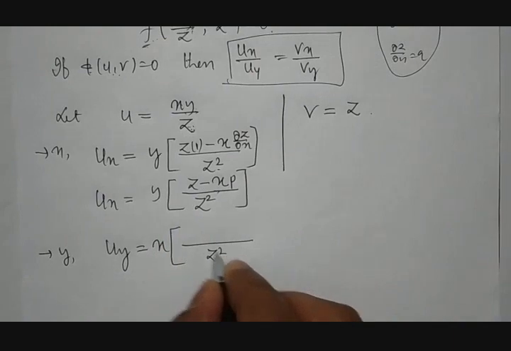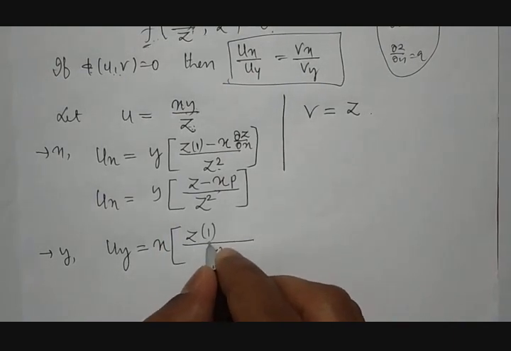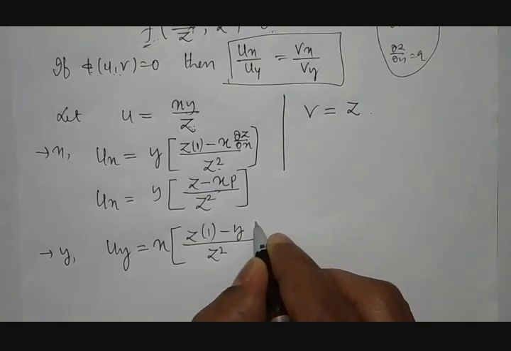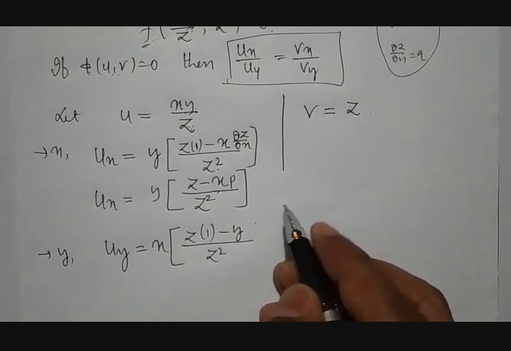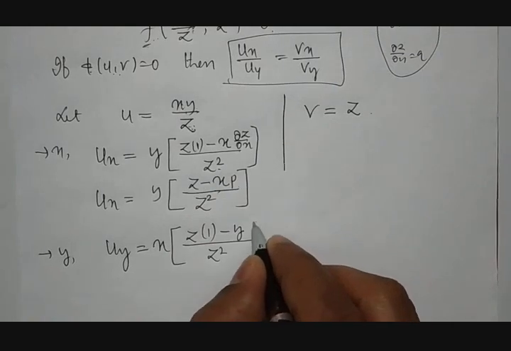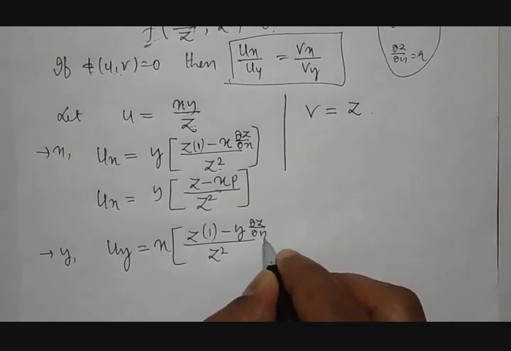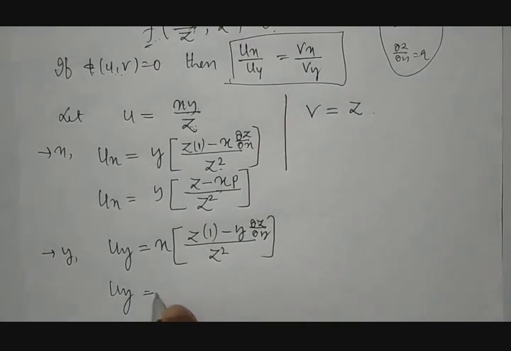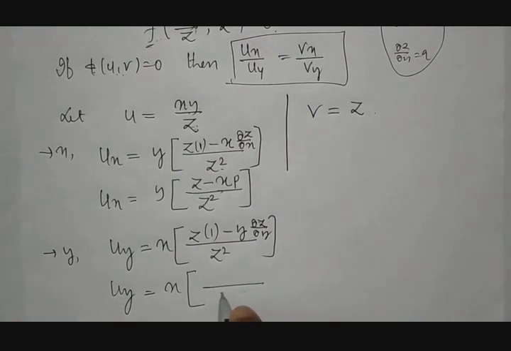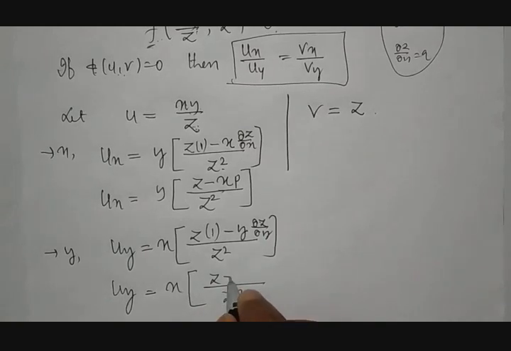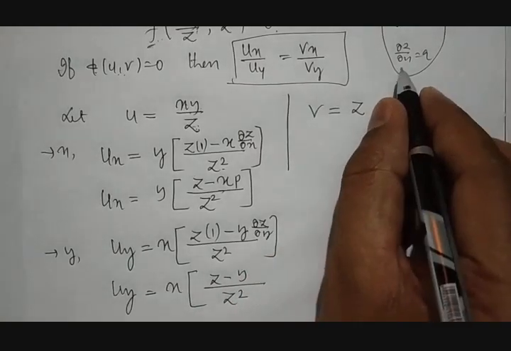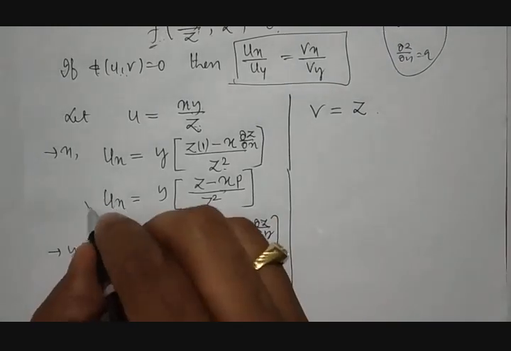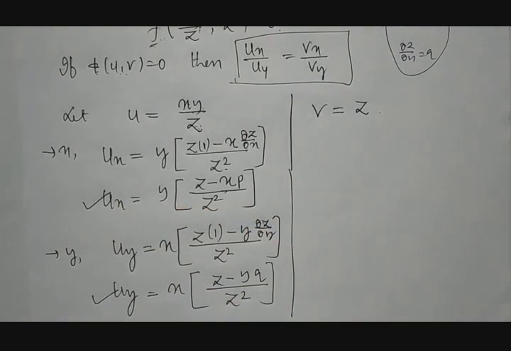So z square, here z, differentiation of y with respect to y is 1, minus y into differentiation of z with respect to y, which is dou z by dou y. Therefore, uy is equal to x into over z square, z minus y into, as per the notation, q. So we got ux and uy.